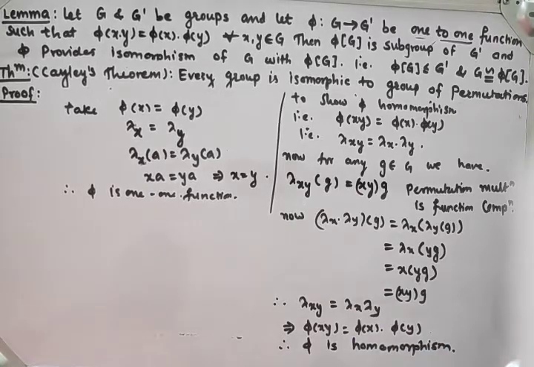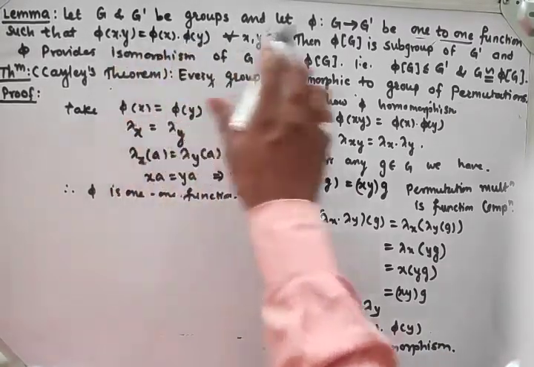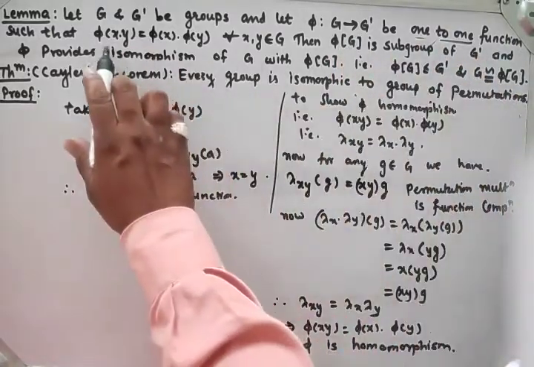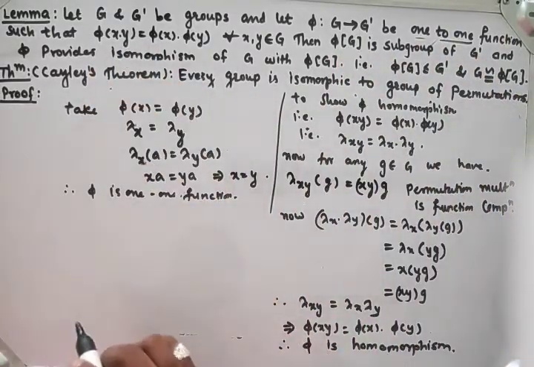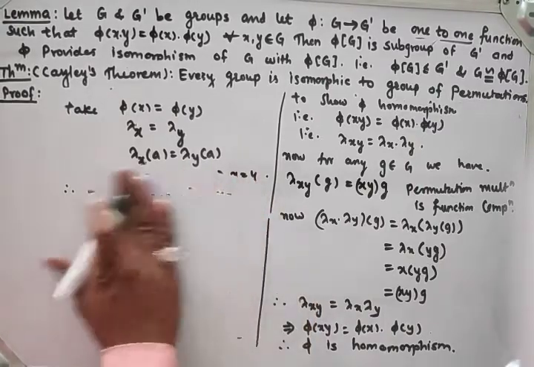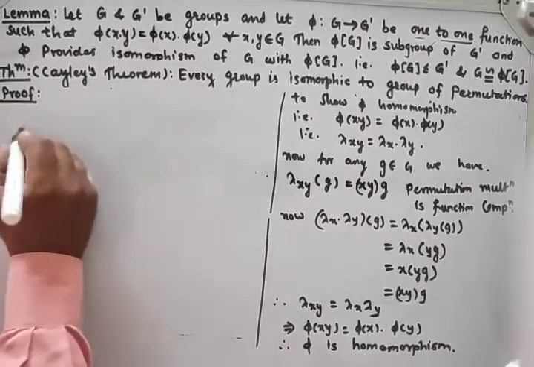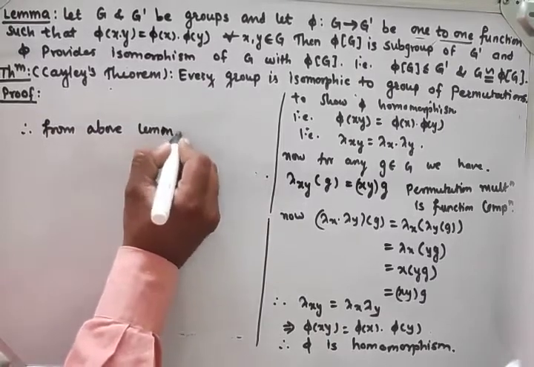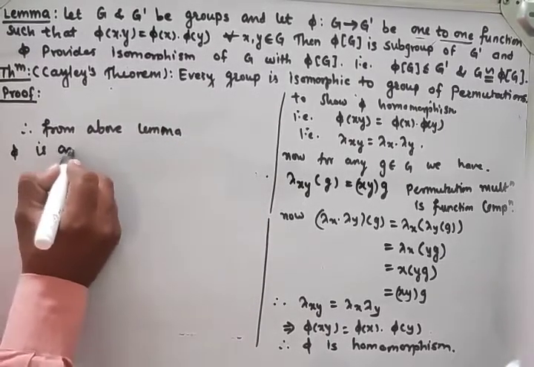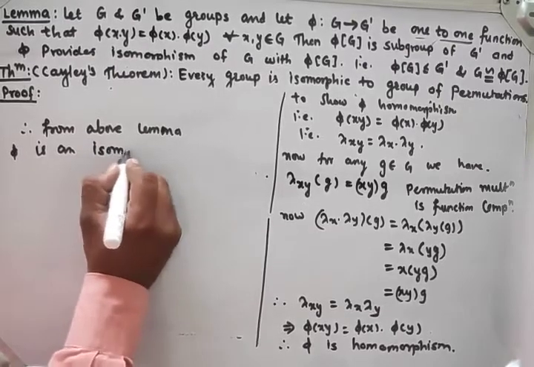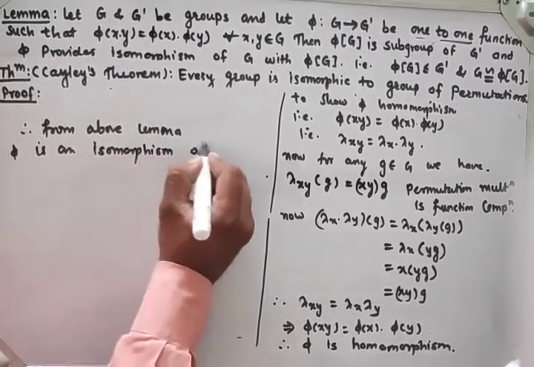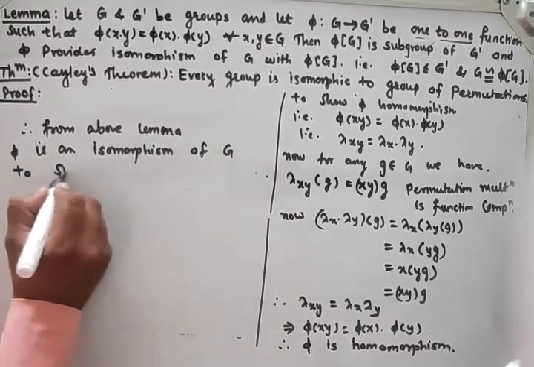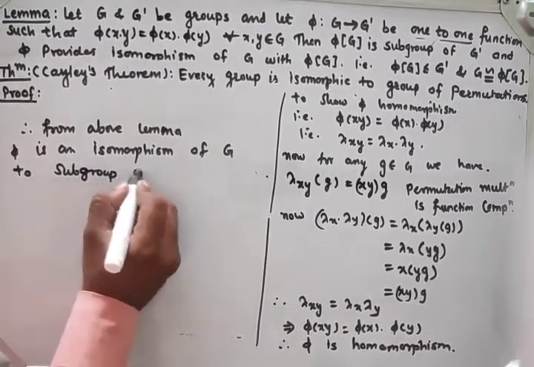Then by using the previous lemma, that phi from G to G dash is a one to one function such that phi of xy is equal to phi of x into phi of y, then G is isomorphic to phi of G, right? Hence, from the above lemma, phi is an isomorphism of G to a subgroup of S_G.